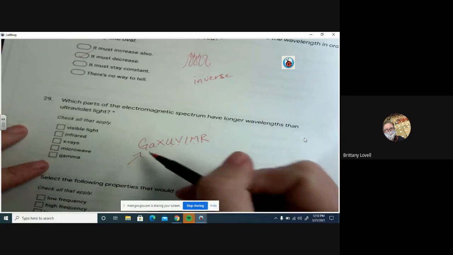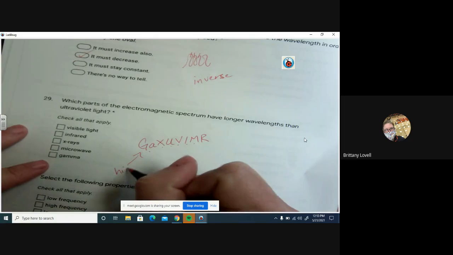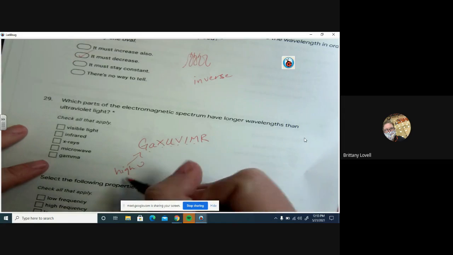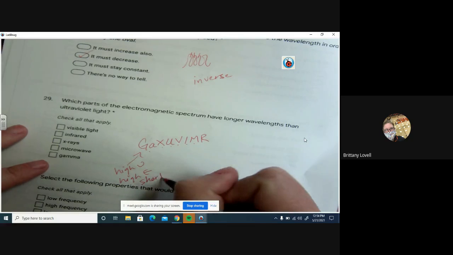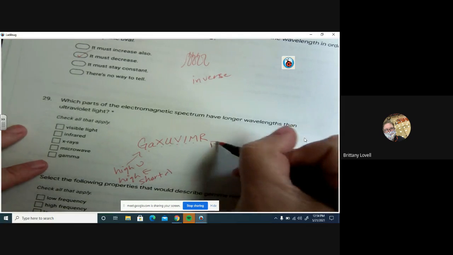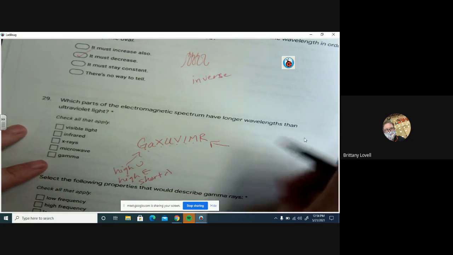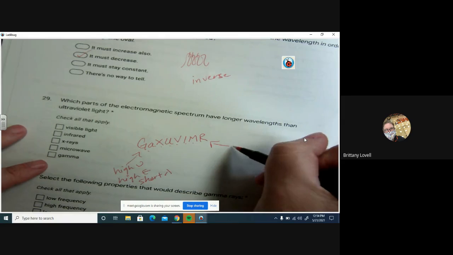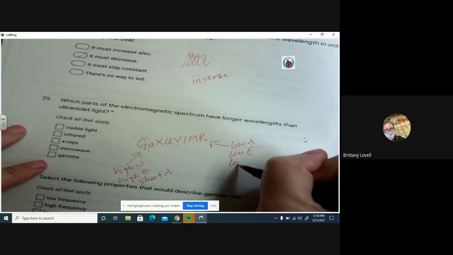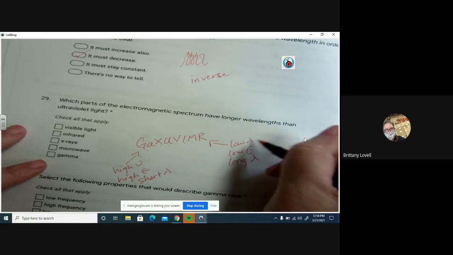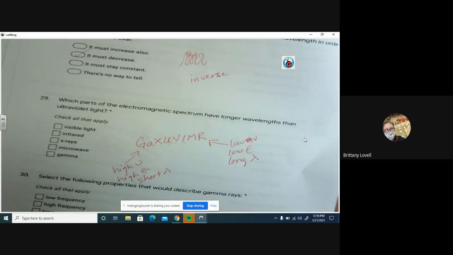I know that this side is going to be real high frequency, real high energy, and short wavelengths. This end down here, these are the radio, the harmless radio waves. So low frequency, low energy, and long wavelengths. I always think long and low.